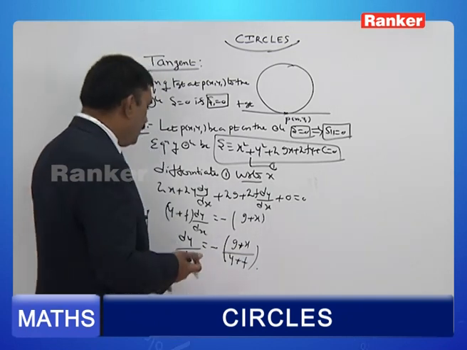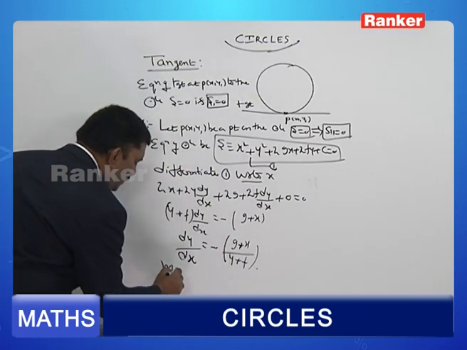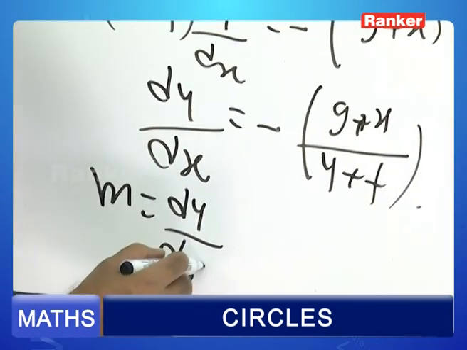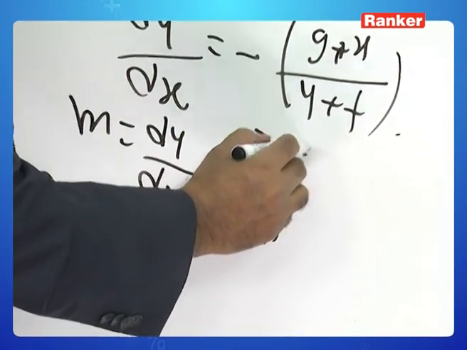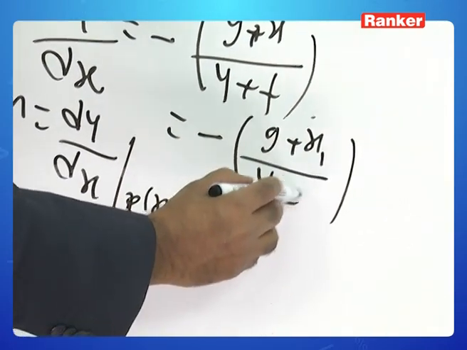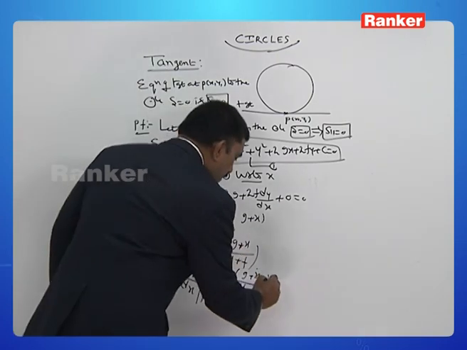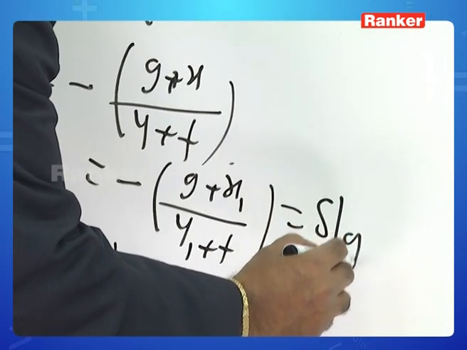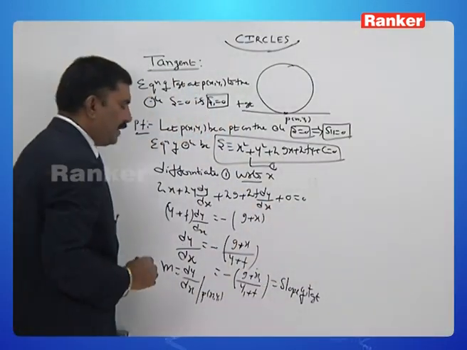So now I want the slope, that is m is equal to dy by dx at the point (x1, y1), written as minus of (g plus x1) by (y1 plus f). This is nothing but the slope of a tangent.